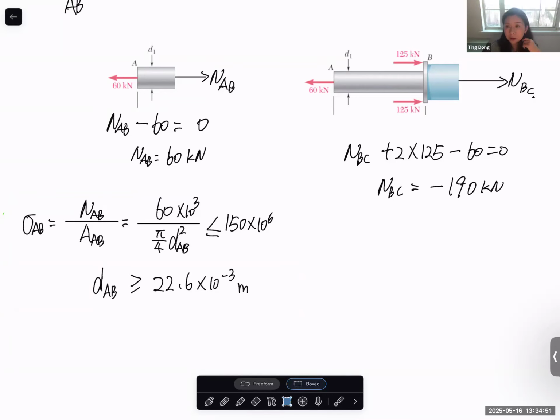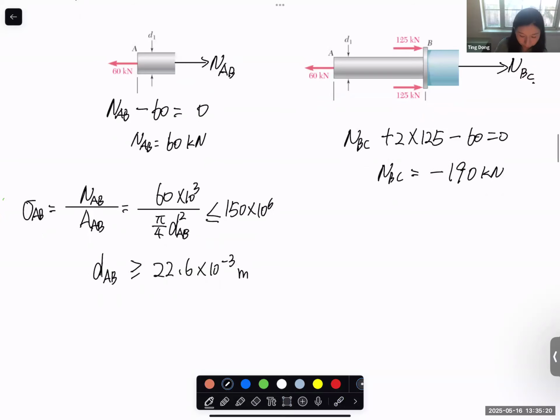Are you asking why it's 4 here? Yeah. Because the equation for calculating the area of the circle is pi r squared. Now you have diameter. Radius equal to half of diameter. Got it. Thank you.